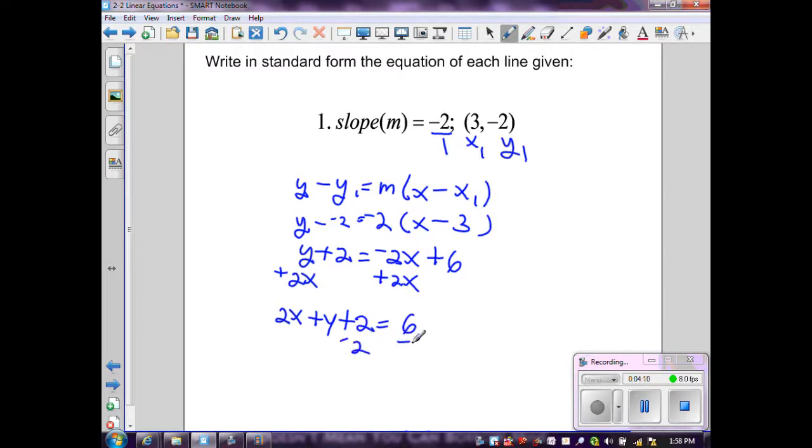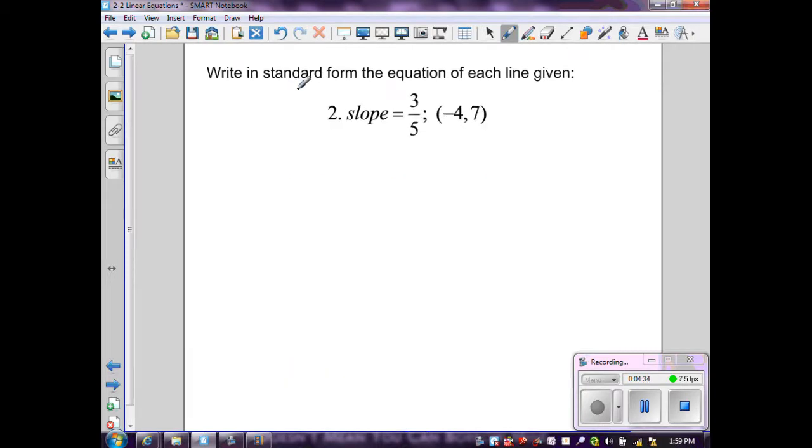Subtract 2 on both sides, and that gives me 2x plus y equals 4. Our a is 2, our b is 1, and our c is 4. No fractions for a and b, and a is also positive. Our next example, we want to do the same thing. Write this given information into standard form.